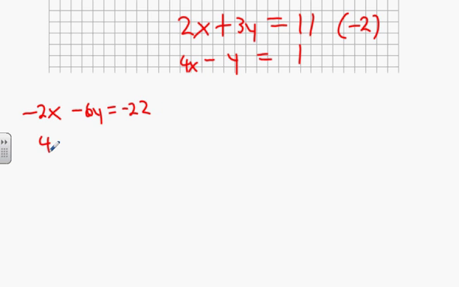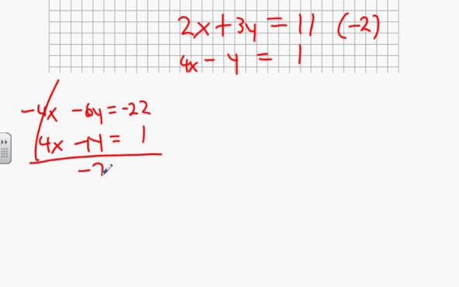Underneath that he's going to have minus 4x, my fault, when it worked otherwise, and then 4x minus y equals 1. The two of them cancel, minus 6y minus 1y is minus 7y, equals minus 21. He'll multiply both sides by minus 1, and then divide by 7 to get 3.